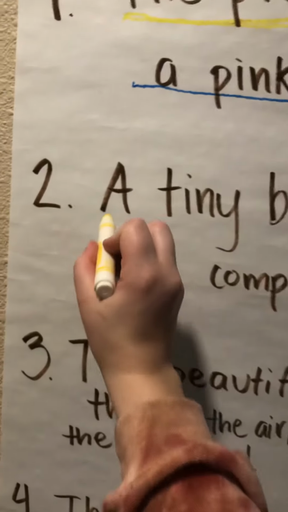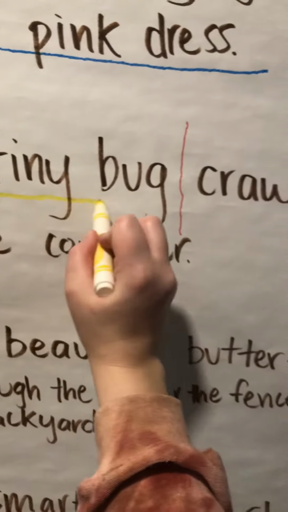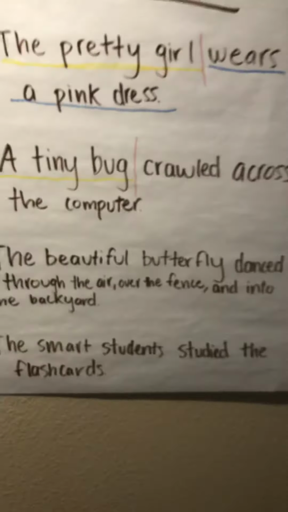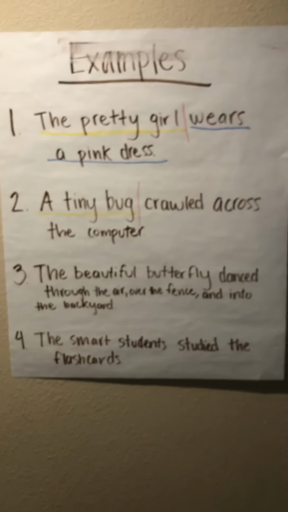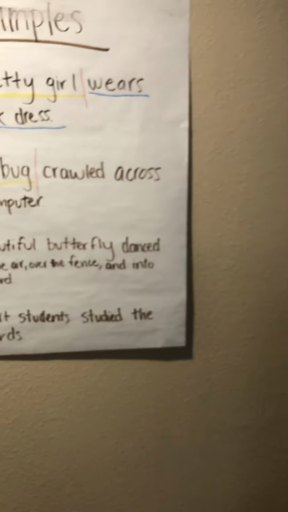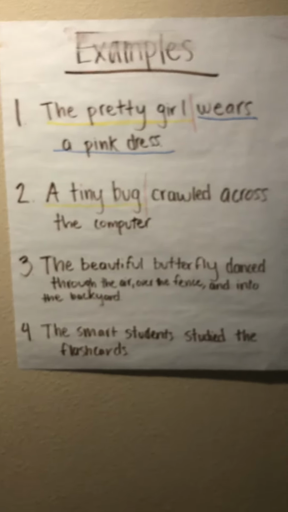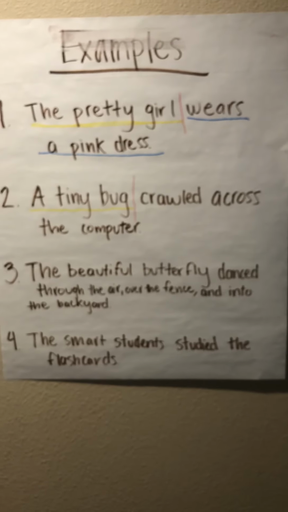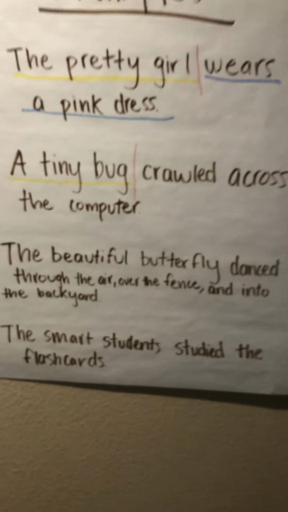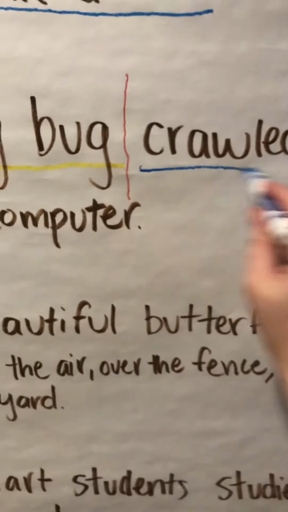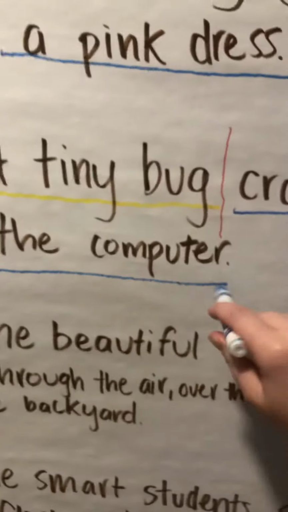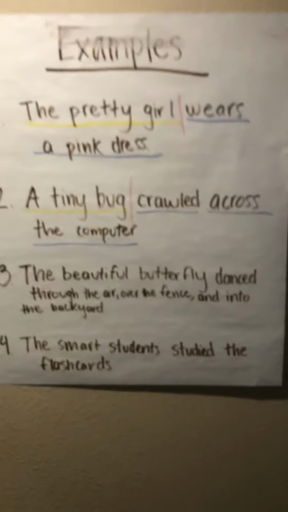It's about the tiny bug. Remember, we have to underline every word because it's not just a bug, it's a tiny bug. We want our complete subject. Then we're going to take our blue marker and we are going to underline our complete predicate, which is what the bug did. The bug crawled, but he crawled across the computer. We want the complete predicate.